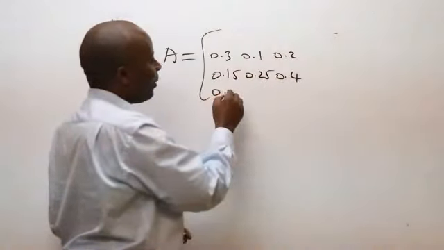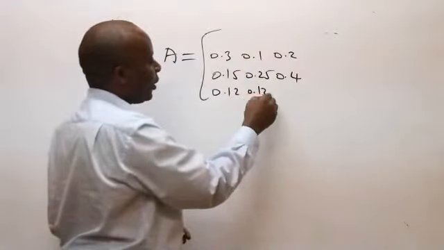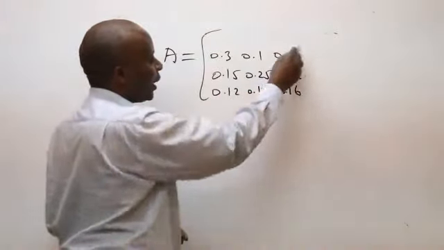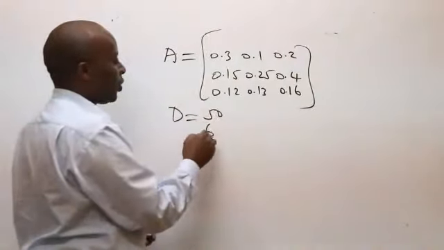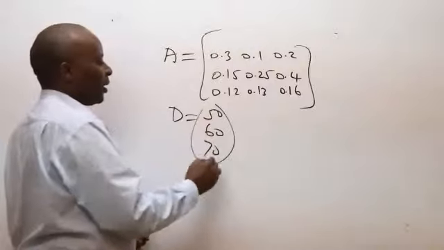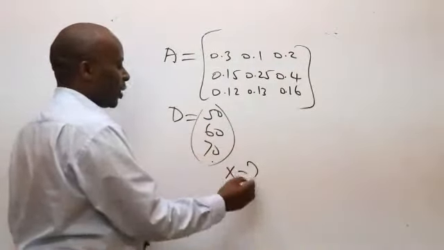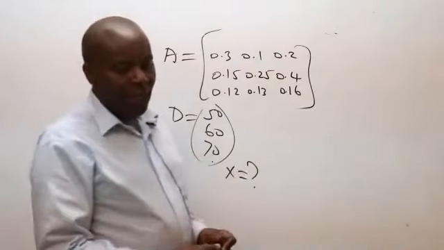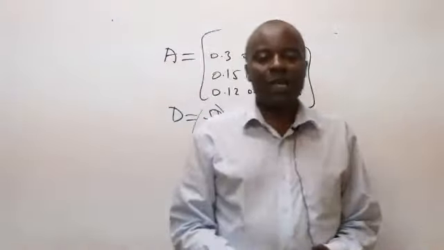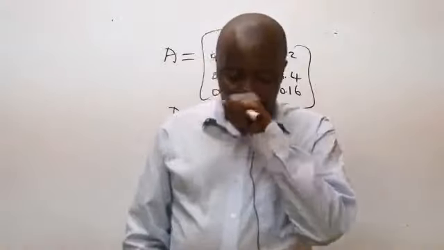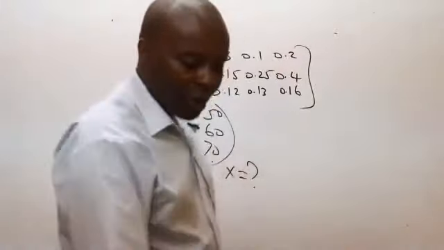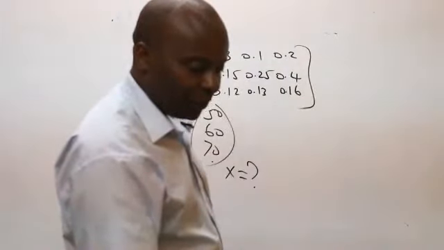We have maybe 1, 2, 0.13, 0.1, maybe 6, like that. And then I'll give you D of say 50, 60, 70. And then I'll ask you to get for us the total output.